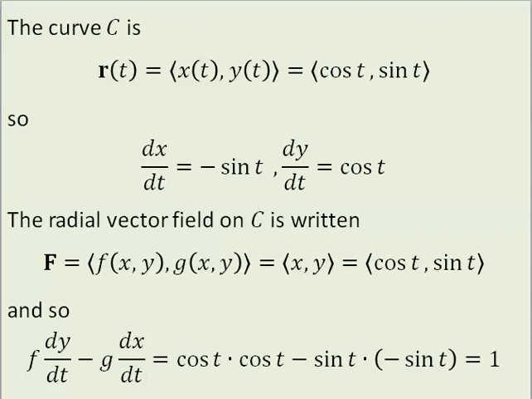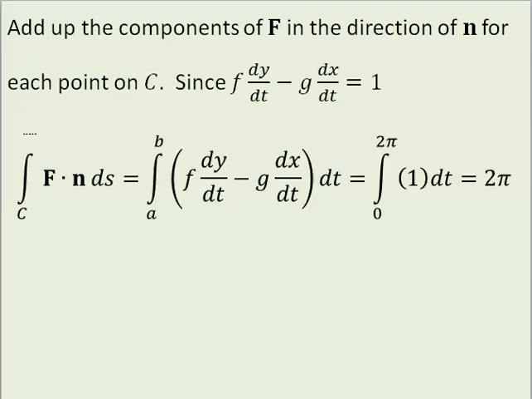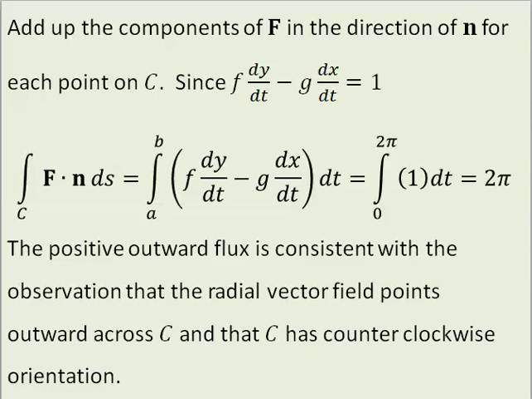And in this case it's equal to 1. Then I add up the components of F in the direction of n for each point on the curve. Since the integrand is equal to 1, I get a value of 2 pi, positive. This positive outward flux is consistent with the observation that the radial vector field points outward across the curve and that C has counterclockwise direction.